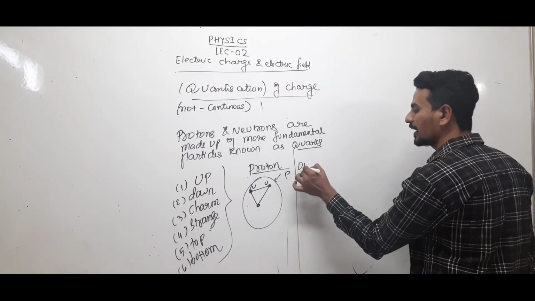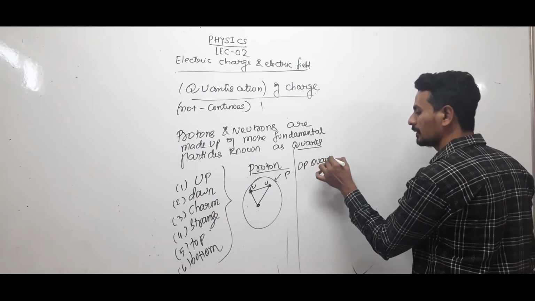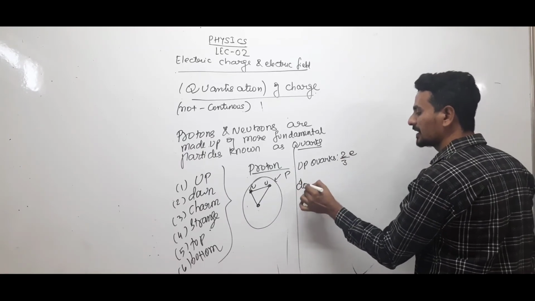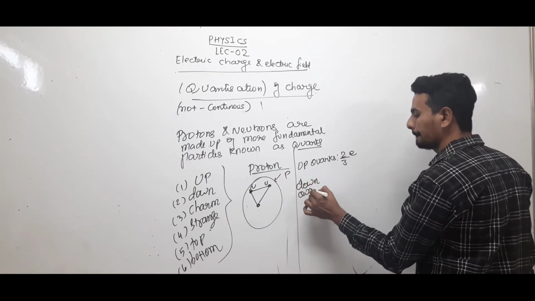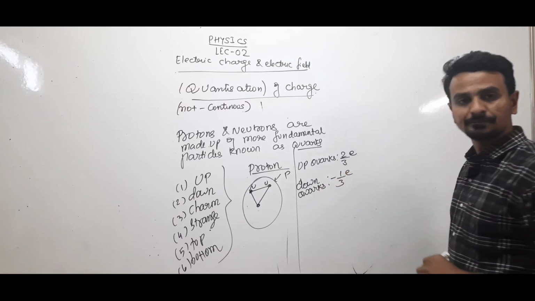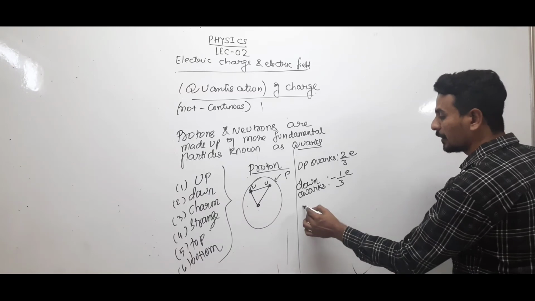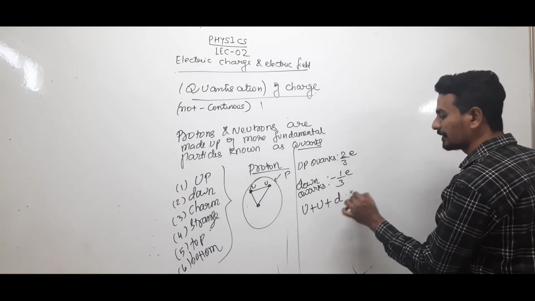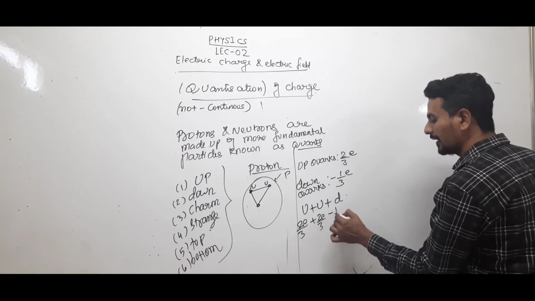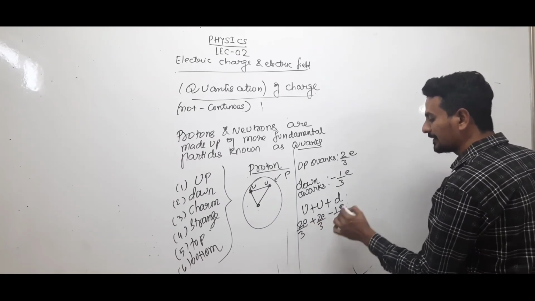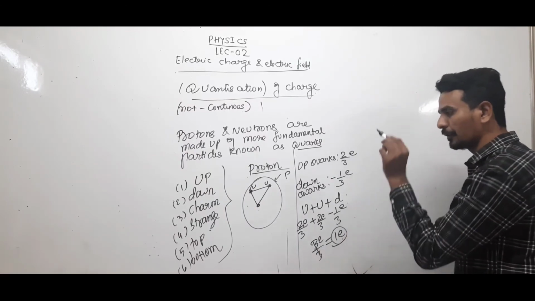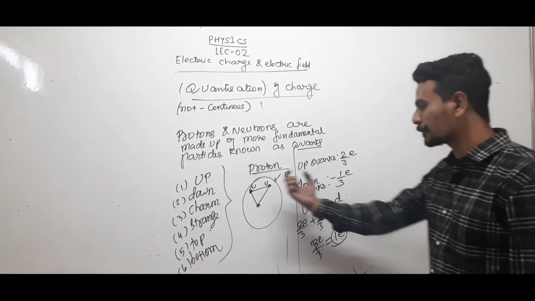Charge on an up quark is 2 by 3 e, and a down quark will have a charge of minus 1 by 3 e. Proton is made up of 2 up and 1 down, so up plus up plus down. So that is 2 by 3 e plus 2 by 3 e minus 1 by 3 e. 4e by 3 minus e by 3 gives e, the charge of the proton. Clear? This is how the charge of proton is found.